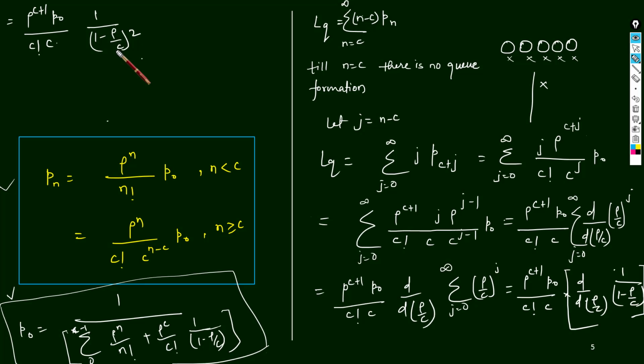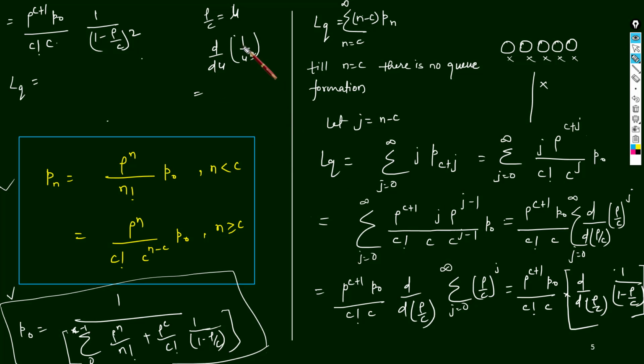Because the variable is rho by c, there is no problem. See, if rho by c is considered u, just take it. What will happen? d upon du of 1 by 1 minus u. What will be the differentiation of this one?